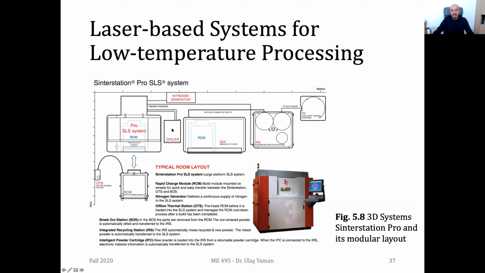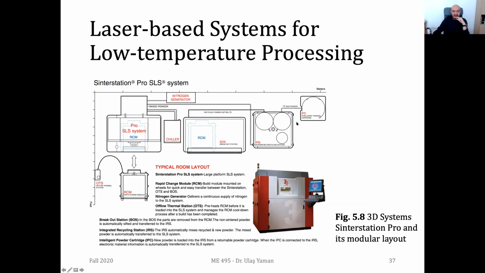A chiller is a kind of cooling unit for the laser. We have water flowing inside, trying to keep the temperature of the laser usually around 20 or 21 degrees. And sometimes, as we discussed, we may have inert gases inside this chamber, and these 3D Systems printers make use of such a nitrogen generator.